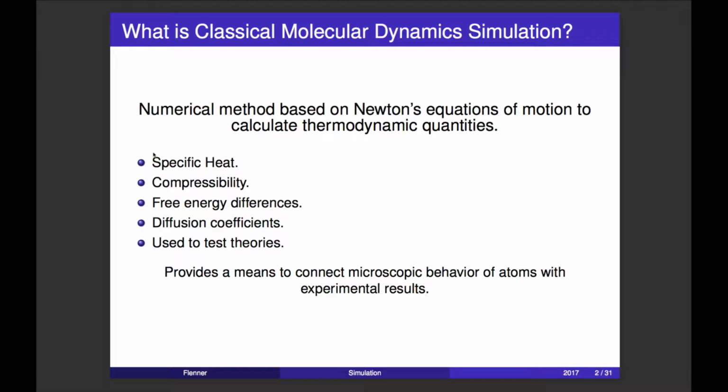I use these simulations a lot to test fundamental theories of the glass transition. But it really provides a means where we can create these force fields that you talked about, these potential energy functions, and connect the microscopic behavior of the atoms to experimental results.